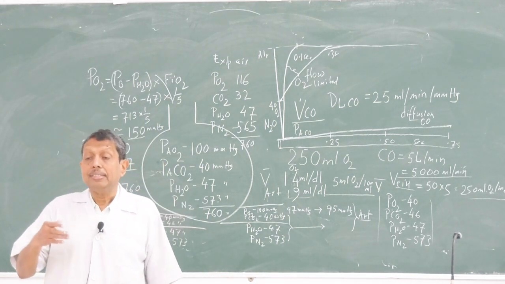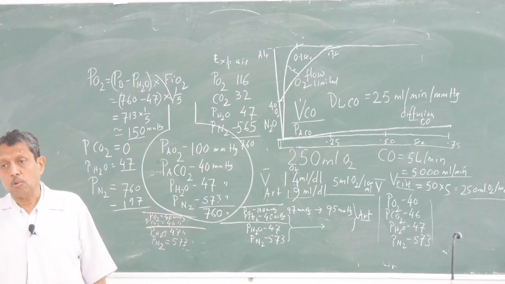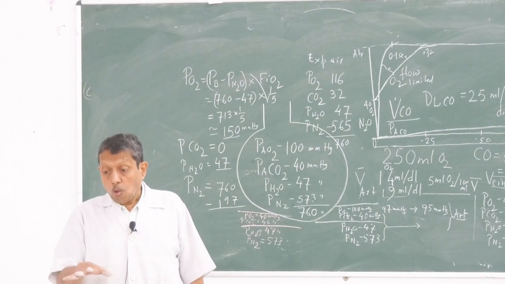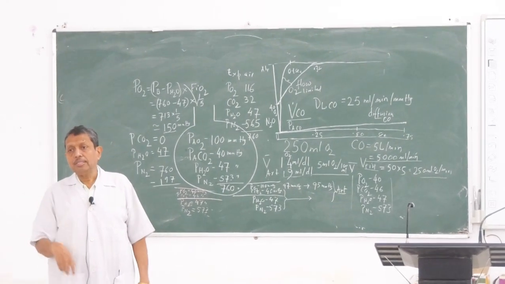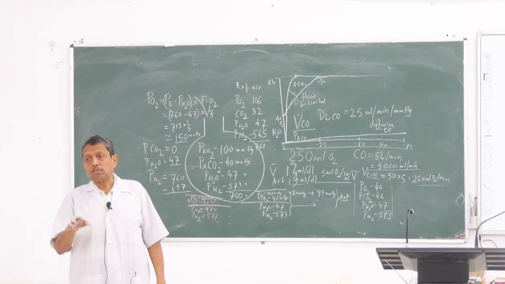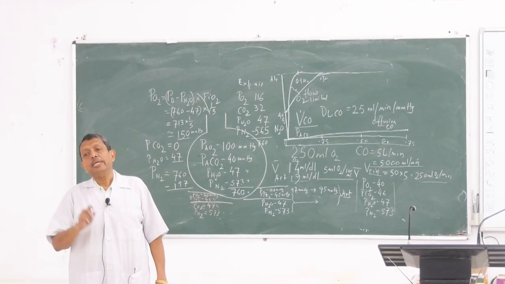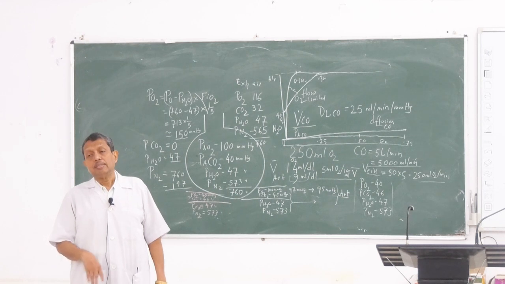But during exercise, it may be 3 times or more, because during exercise there is opening of the dormant capillaries and increase in the size of the capillaries. There are already capillaries through which blood is flowing, and so it increases 3 times. And it is measured in the laboratories.